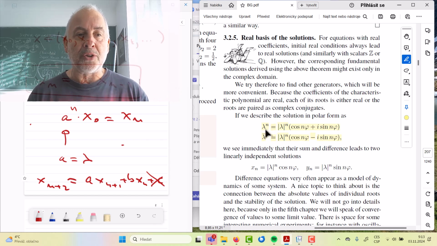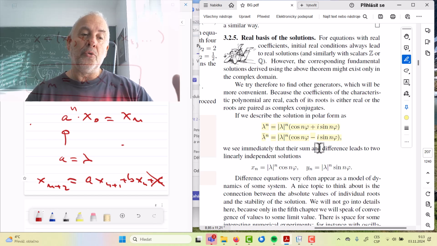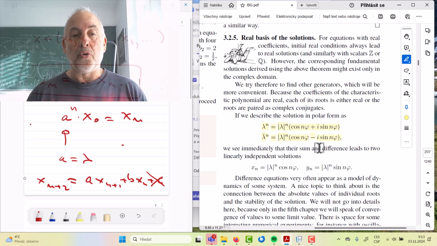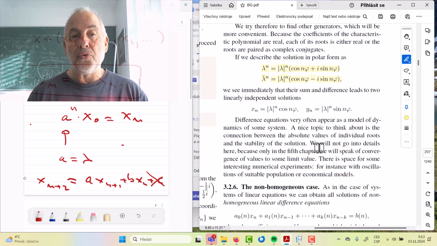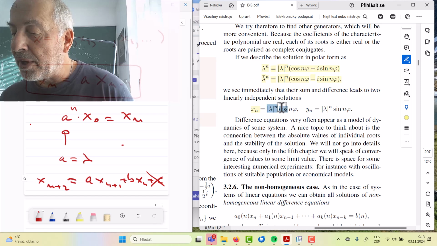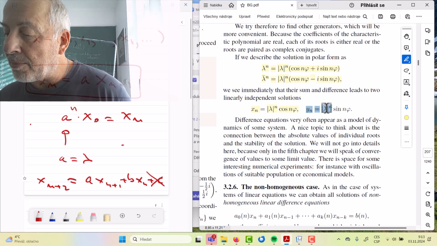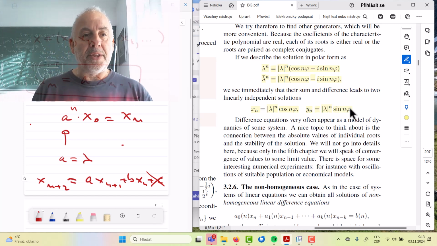So it's lambda to n and lambda bar to n. Lambda bar to n will be just the second line here, and obviously you see that if you add those two or subtract those two, what you get finally is 2 lines of solutions. So x n will be coming with cosine of n phi, and y n will be coming with sine n phi, and that's exactly what you have to expect.